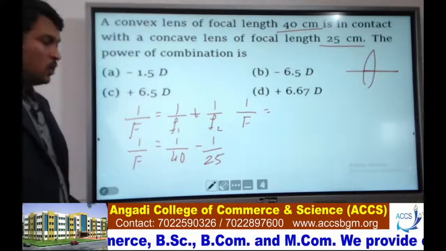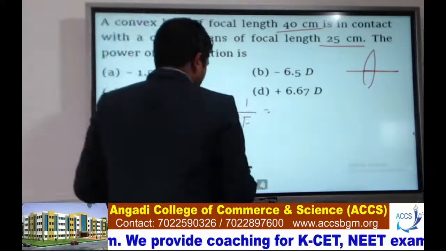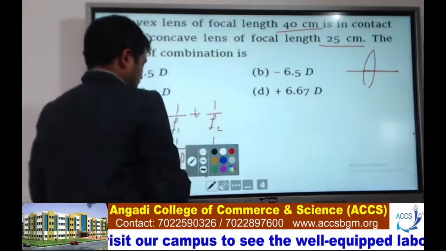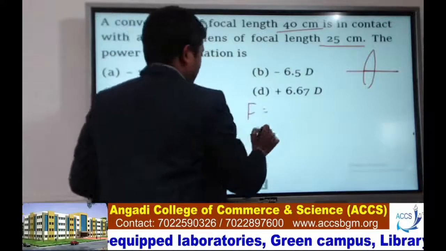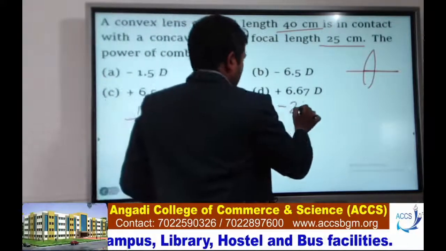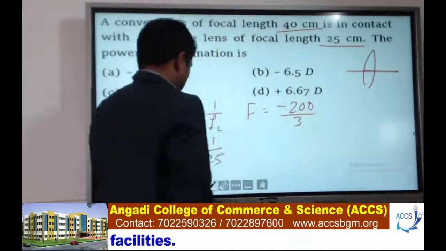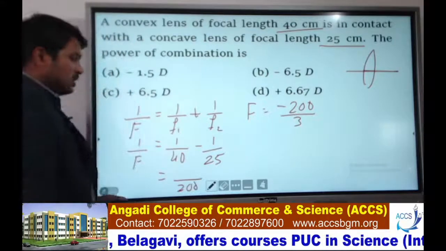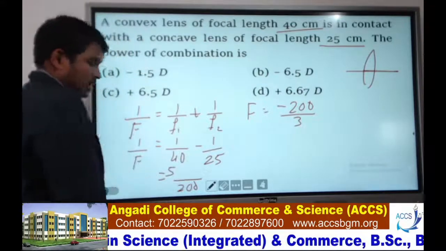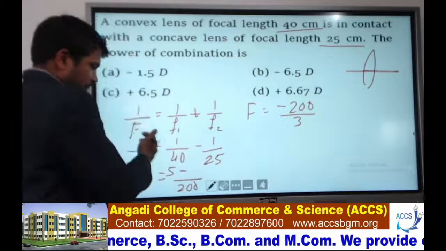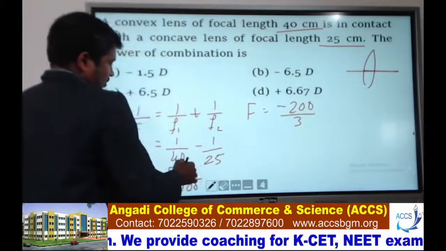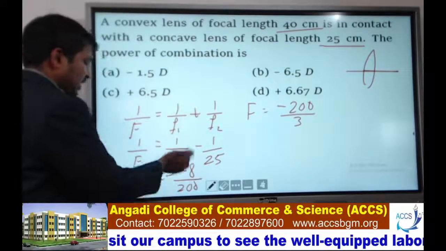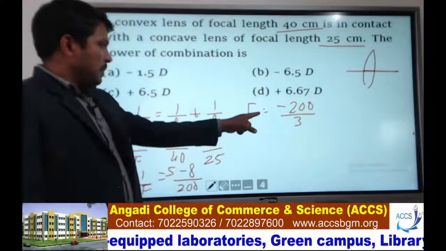So 1 by f equals 5 minus 8 over 200. Take the reverse, f equals minus 200 divided by 3.